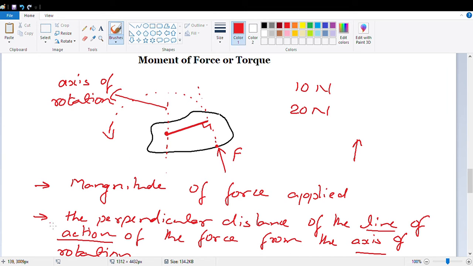So according to the second point, this turning effect or torque depends upon this distance as well. If this distance is r, then the more the value of r, say I am taking a magnitude of 10 meter here, if at 10 meter distance you are getting some rotation, increase this value from 10 to 15 meter, the rotation will be more and the body can be rotated more easily on increasing this distance.